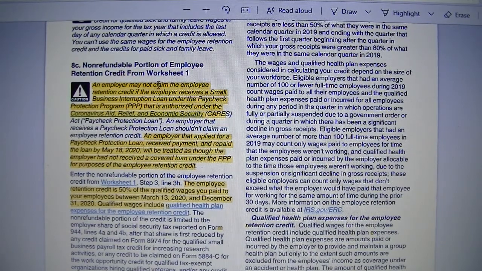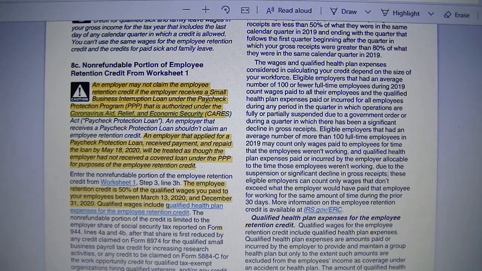An employer may not claim the employee retention credit if the employer received a small business interruption loan under the Paycheck Protection Program, PPP, that is authorized under the Coronavirus Aid, Relief, and Economic Security, CARES, Act. An employer that received a paycheck protection loan shouldn't claim an employee retention credit.